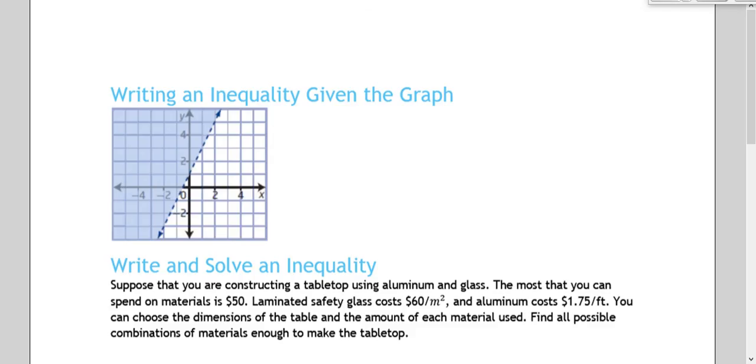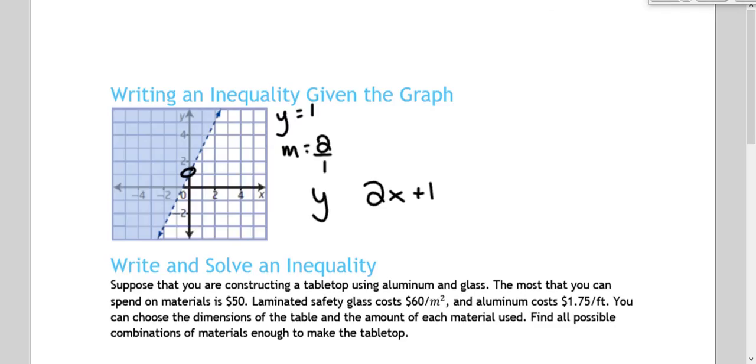So if we look at this, we see that our y-intercept is 1. And then our m is we go 1, 2 over 1. So we know that this should be y something 2x plus 1. Then we need to see if y needs to be greater than this or less than this.